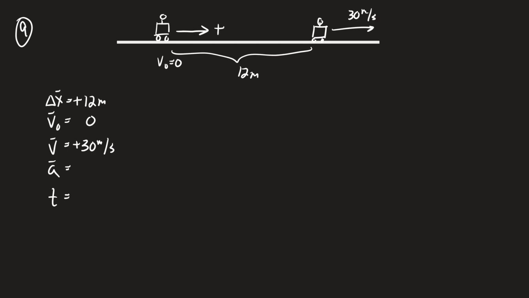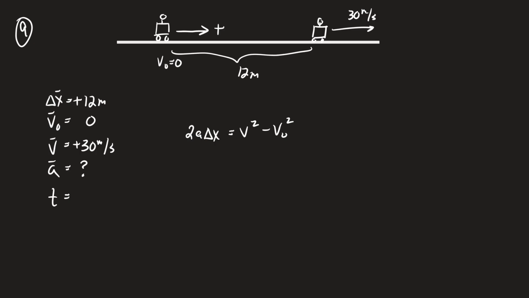What is the acceleration experienced by the riders? That's the same as the acceleration experienced by the roller coaster cars. I've identified 3 pieces of information. I'm looking for a 4th. I'm going to choose a relationship that has everything in it except for time. That'll be 2a delta x equals v squared minus v naught squared.